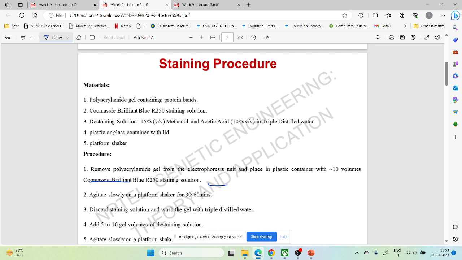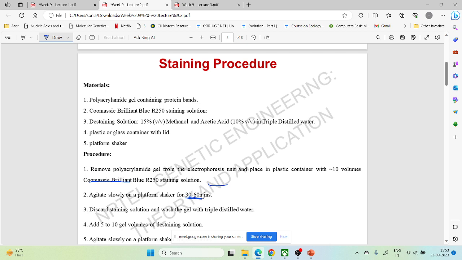It is not that you take out your gel, pour it into the staining solution and immediately take it out. No, you have to put it on the shaker for about 30 to 60 minutes, 40 minutes on average, so that everything is properly stained.